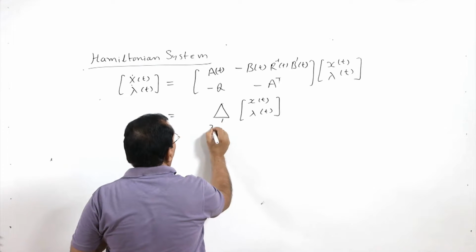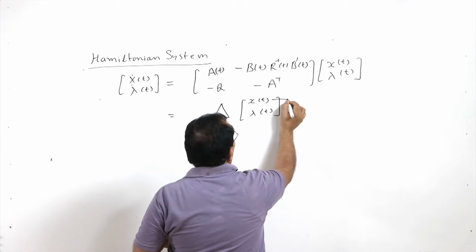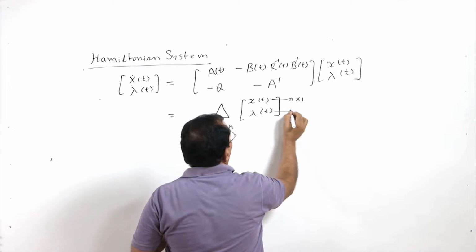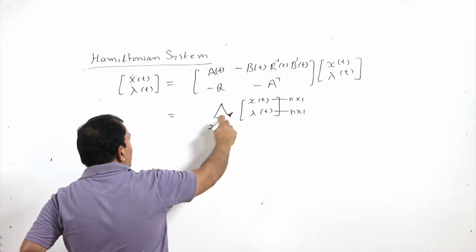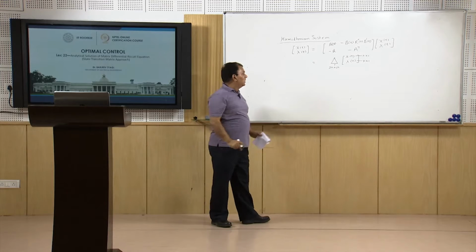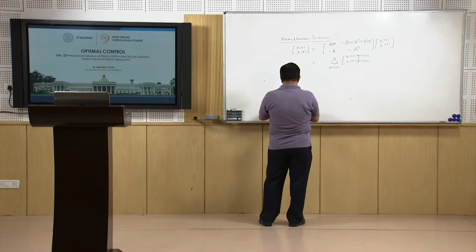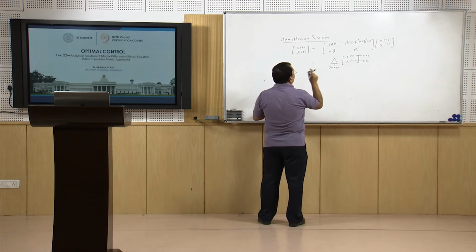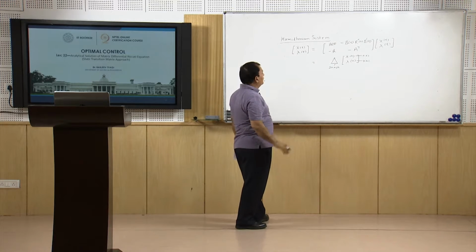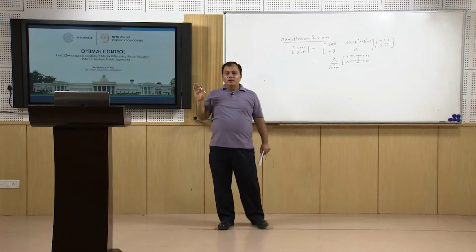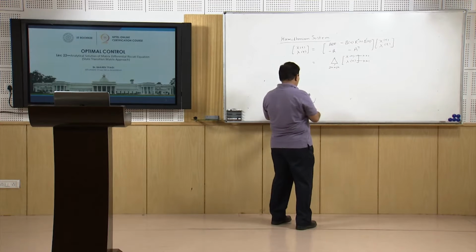Delta is nothing but a 2n by 2n matrix, because x is n cross 1, lambda is also n cross 1. So, the size of my Hamiltonian matrix is 2n by 2n. And if you see, these are 2n first order differential equations which we have to solve, subjected to the initial condition.